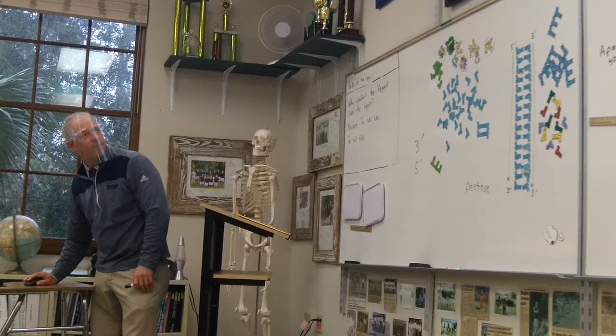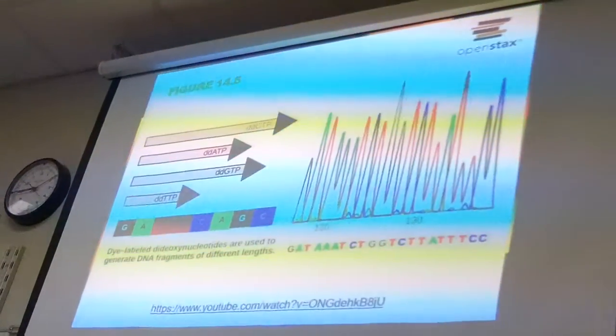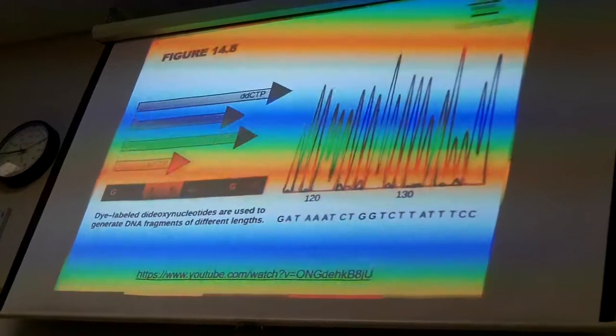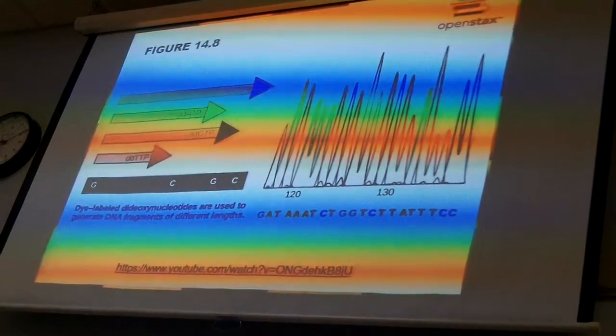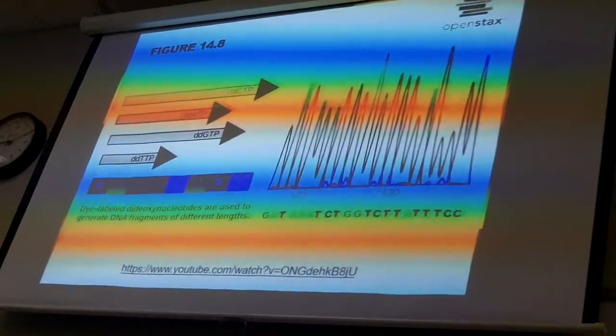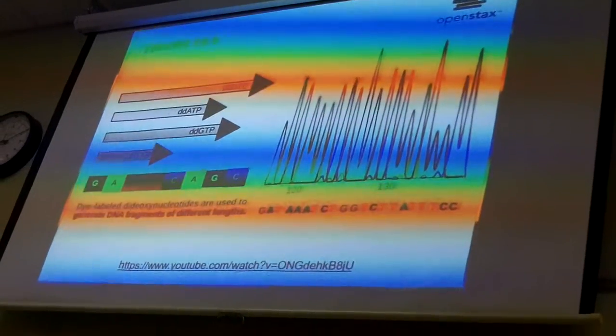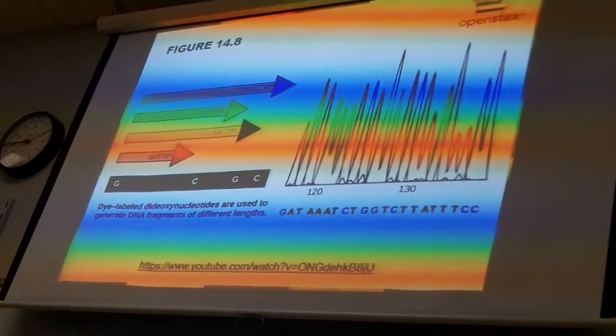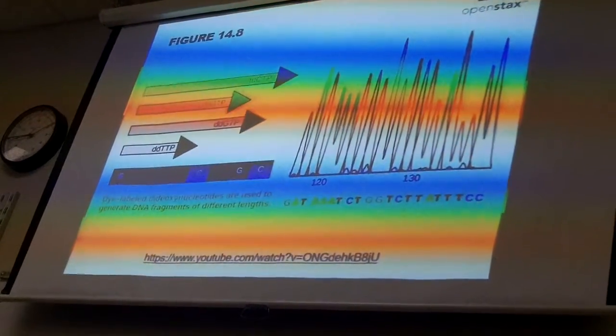I want to show you a process called DNA sequencing. In DNA sequencing, they can use machines to figure out the DNA sequence, the A's and T's and C's and G's. They can sequence your DNA.